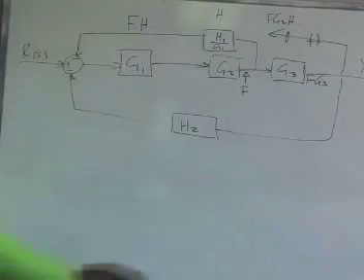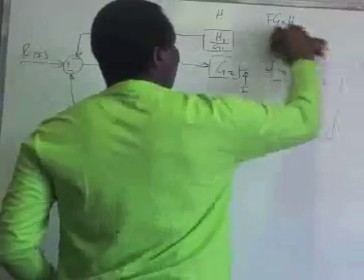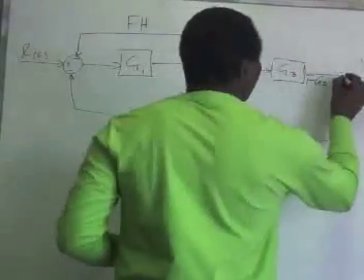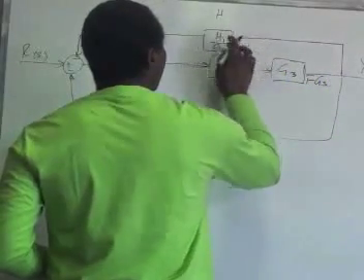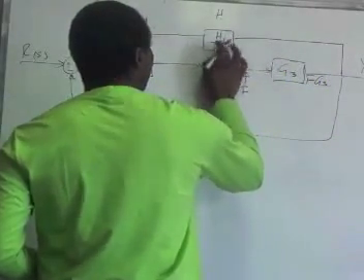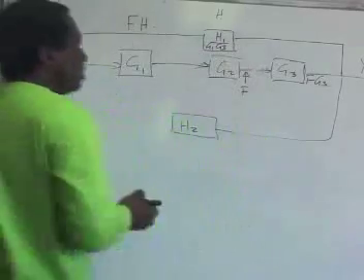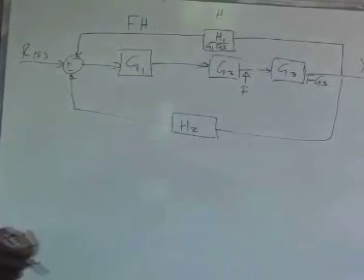So I compensate, which means it now becomes H1 over G1, G3. And we have not changed anything.